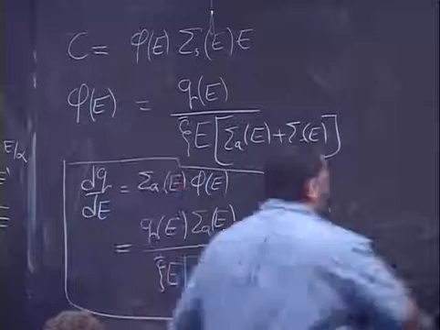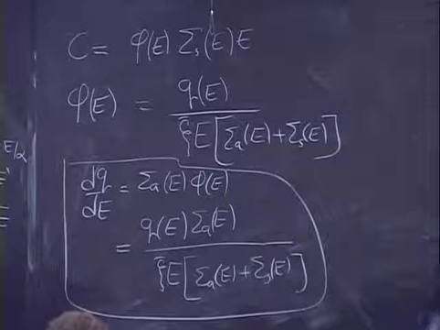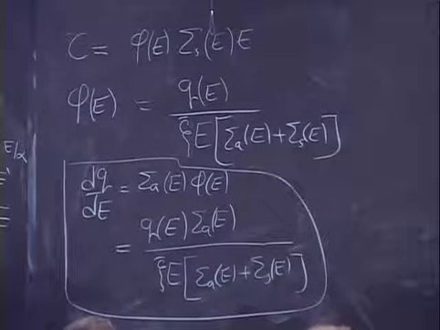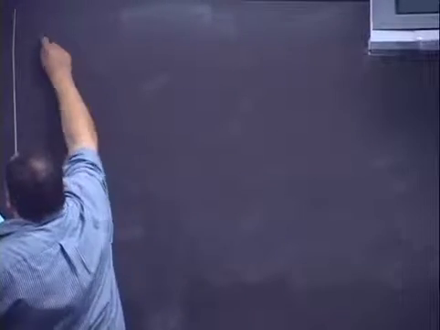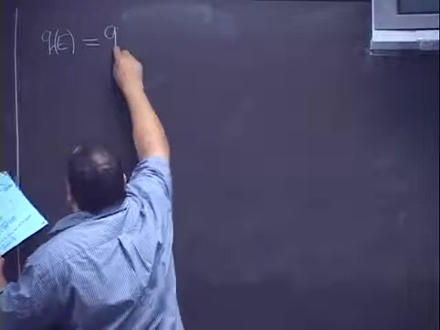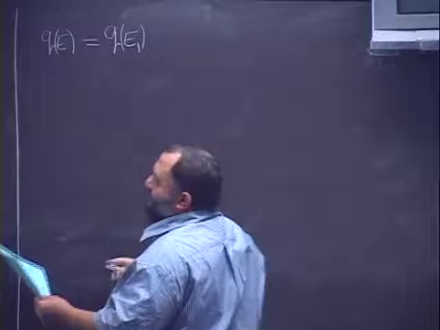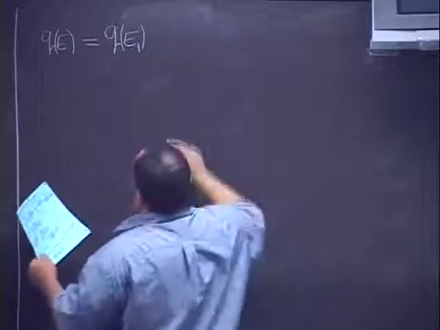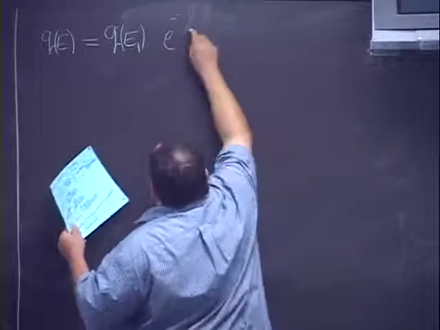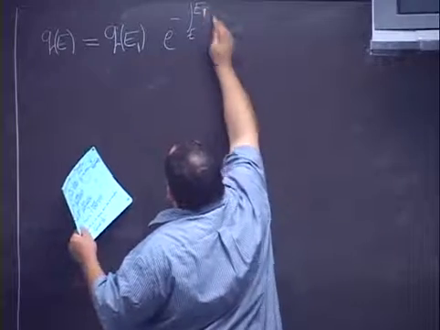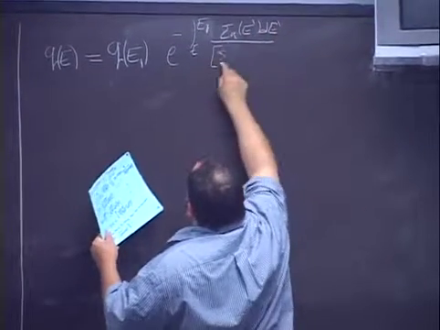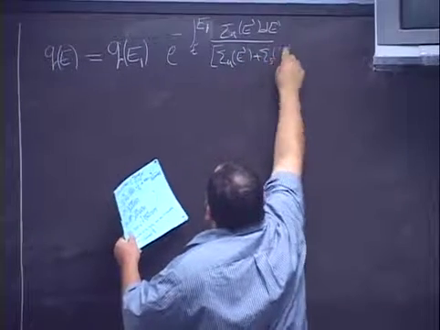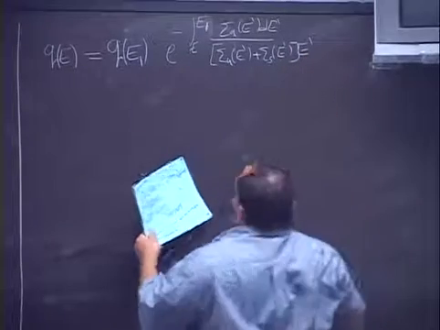If you solve this equation, you will get Q of E equal to Q at E1, where you integrate from a certain energy E up to the upper energy E1, multiplied by e to the power of minus the integral from E to E1 of sigma absorption of E prime dE prime divided by sigma absorption of E prime plus sigma scattering of E prime, all multiplied by E prime.